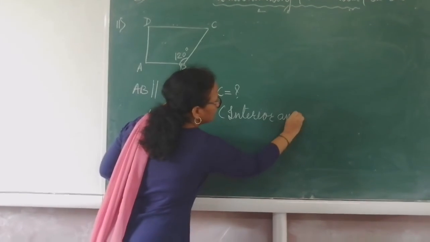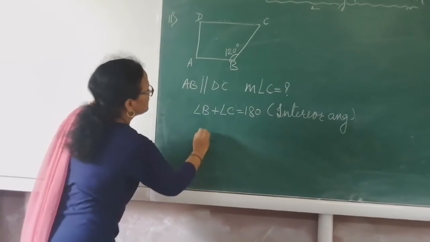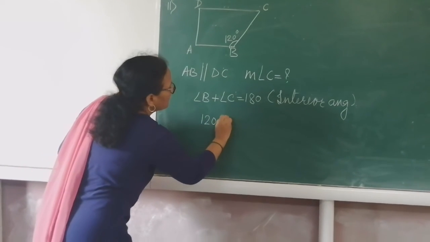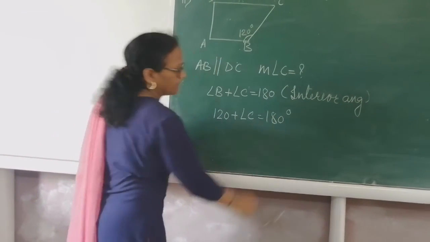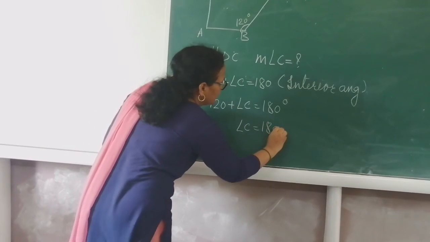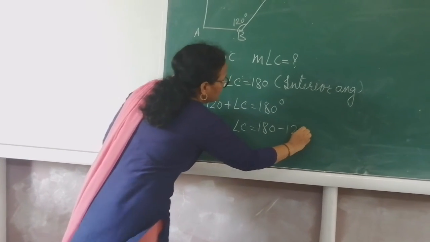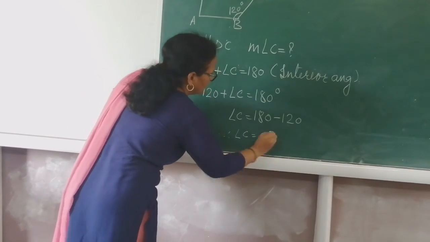And interior angles are always supplementary. And therefore, angle B is equal to 120 plus angle C is equal to 180. Okay. Now, angle C is equal to 180 minus 120 and therefore, angle C is equal to 60 degree.